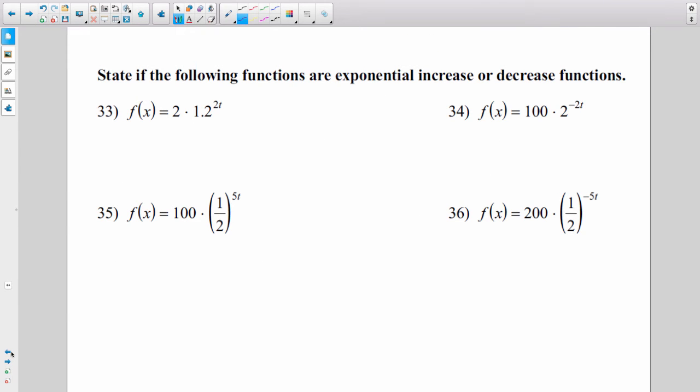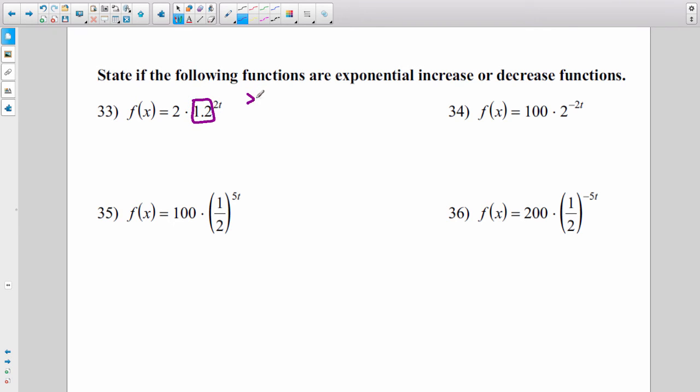Figuring out if functions are increasing or decreasing is as simple as using your graphing calculator. However, the theory behind it, in case you were asked to explain or justify why this is a decreasing or an increasing function, besides just saying because my calculator said so, is this business right here.